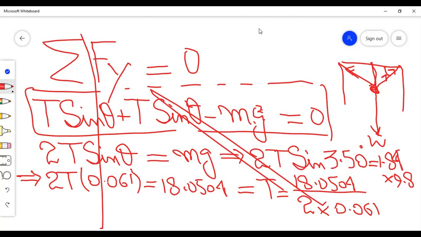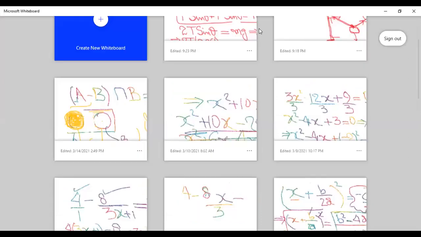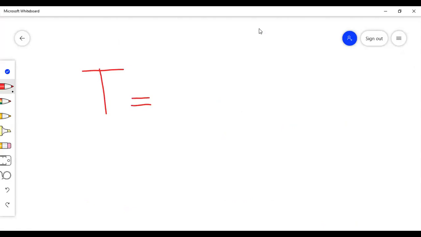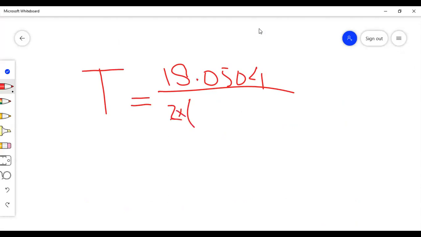So I am just going to the new screen. So T is equal to 18.0504 divided by 2 multiplied by 0.061049, or whatsoever that was.